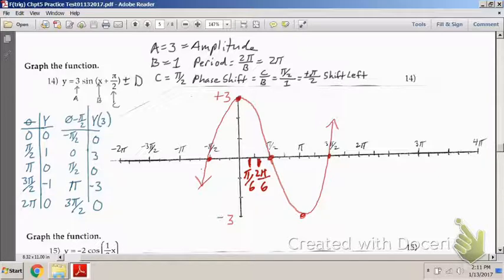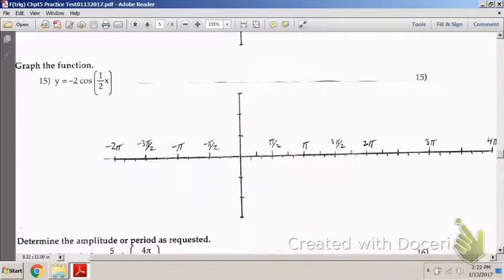And all these tick marks on top all represent pi over 4s. So this makes these scales fairly easy to work with. All right, so let's move on to the next one.